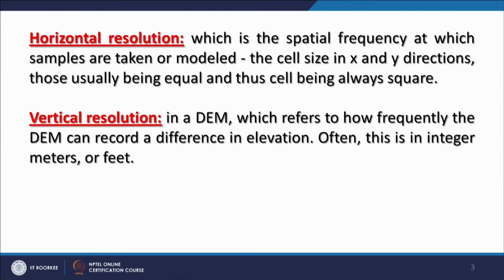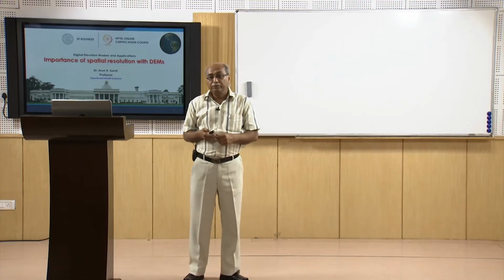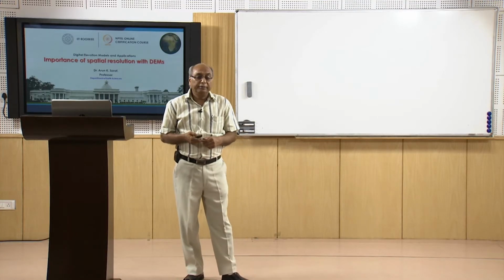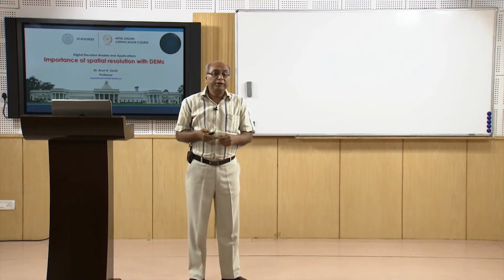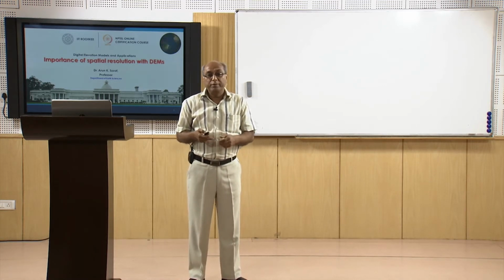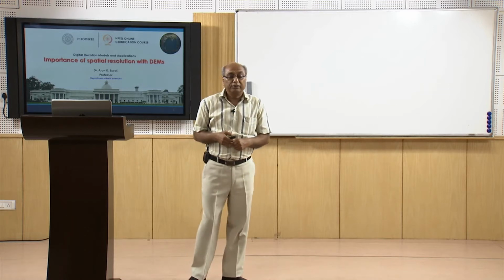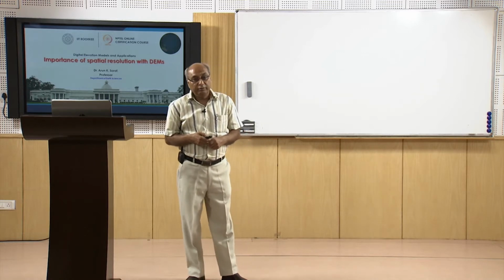That vertical resolution is basically how frequently a DEM can record a difference in elevation, or in other words you can say a least count, and this may be an integer value or maybe values in feet. Generally the elevation values are represented in meters and maybe even in decimals. So, you may have even real numbers for vertical values.